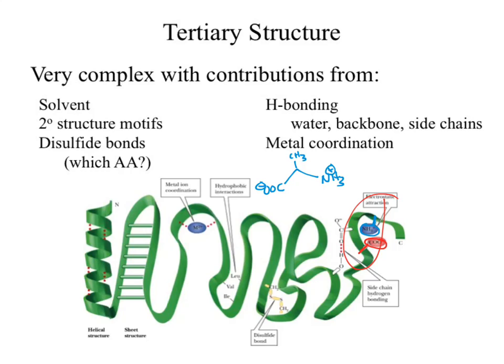What does this green thing represent? The backbone. So if we look at the end of this backbone, what do we see right there? The carboxylate end. And if we look at the other end, you have the amine end.